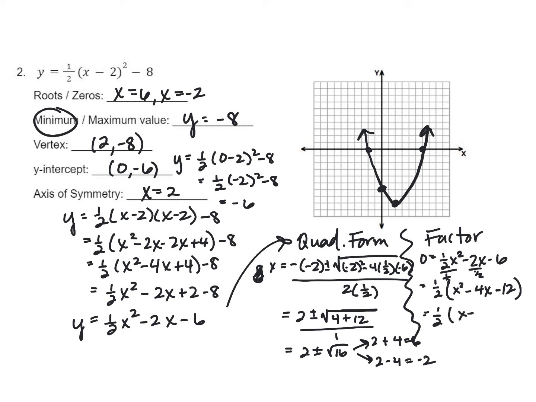And those two numbers are -6 and +2. And the same answers show up again. So you wouldn't have to do it both ways. You just want to go towards whatever method you can do, I would say the quickest and maybe the most intuitively.